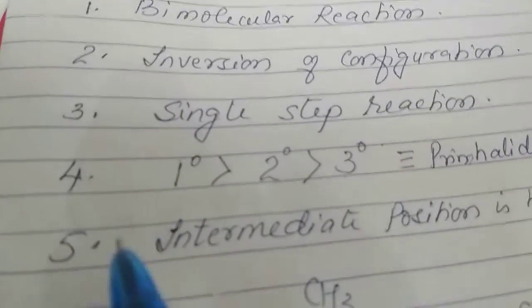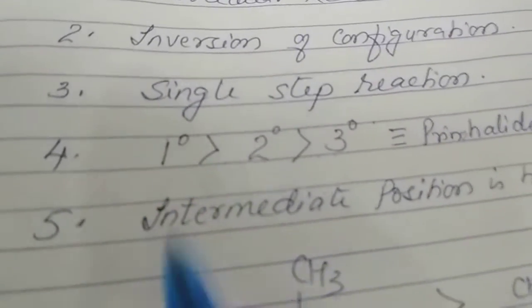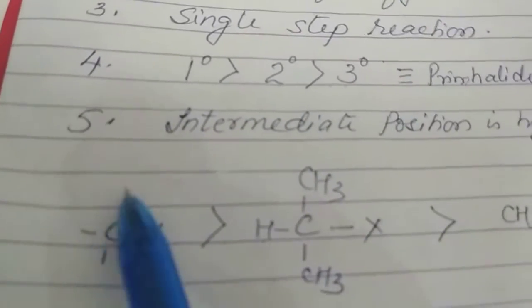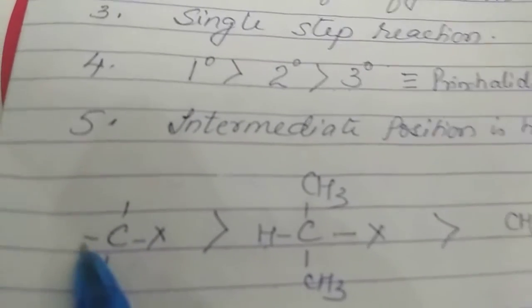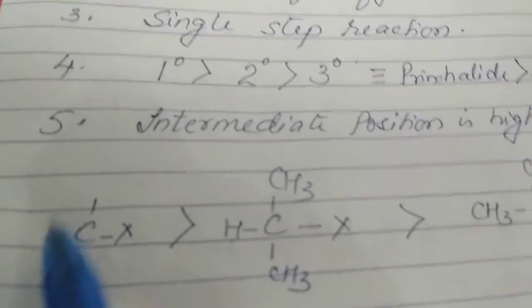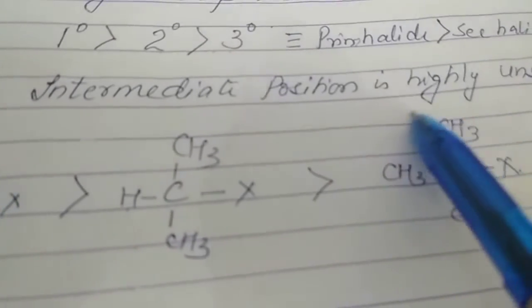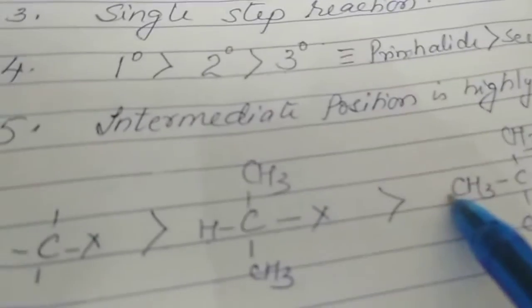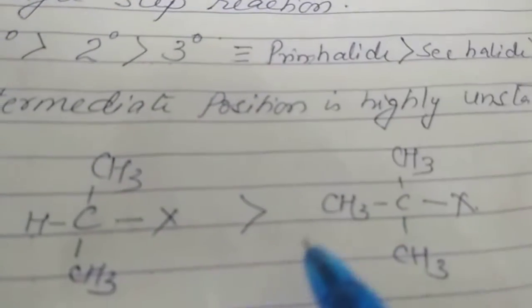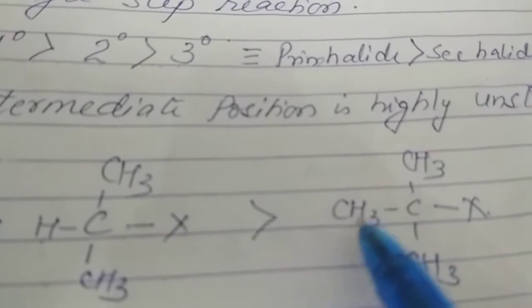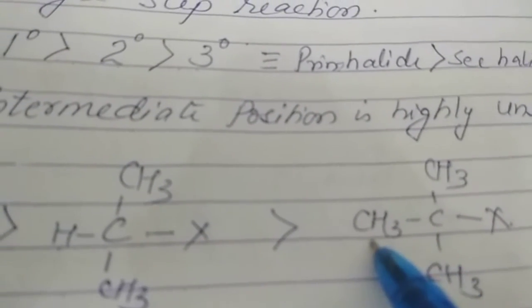So primary is more effective as there is no hindrance. Directly an incoming group can come and attack it. But as soon as the halide is secondary or tertiary, the bulkiness of the alkyl groups can create a problem. Instead of methyl group, we can have propyl, butyl, or any other.